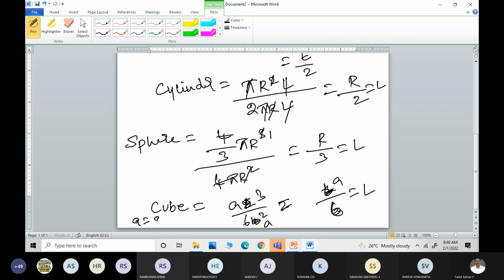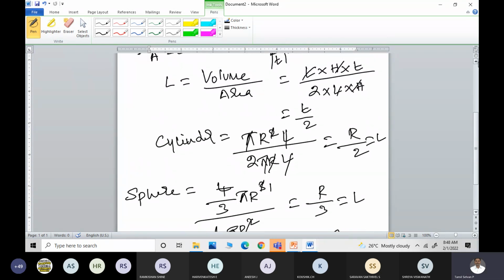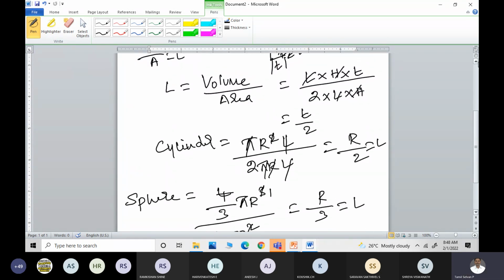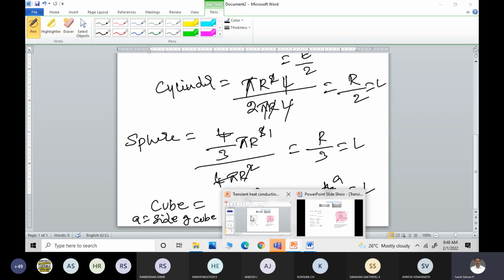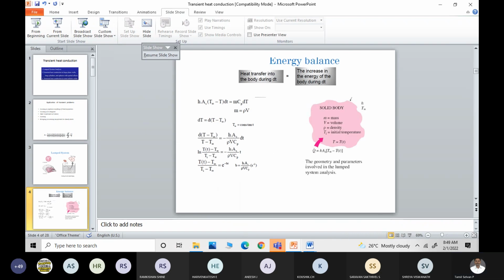Fine, sir. A equals the side of the cube. So this characteristic length is very important. In the case of a plate, it is thickness divided by 2. All of you are able to understand how I got T by 2, R by 2, R by 3 and A by 6. Yes, sir. I won't be explaining it to you again and again.